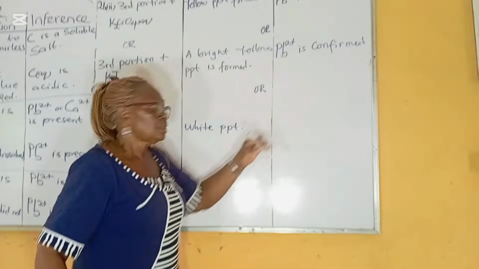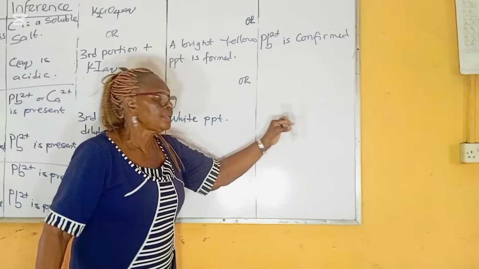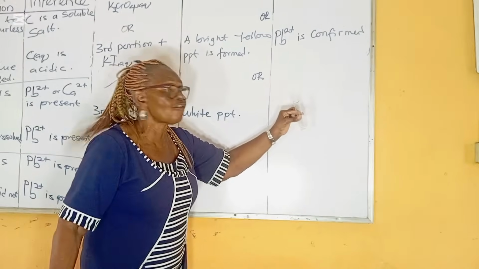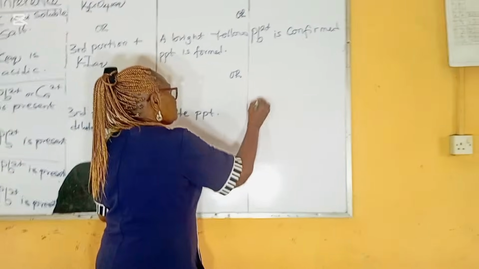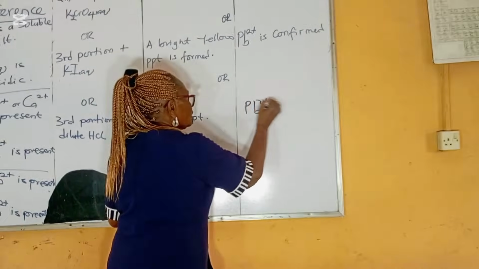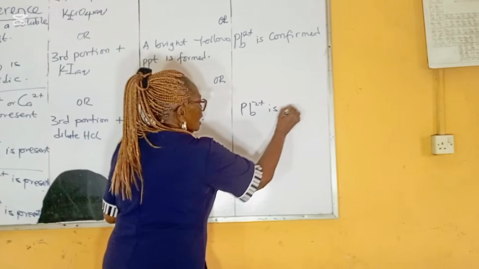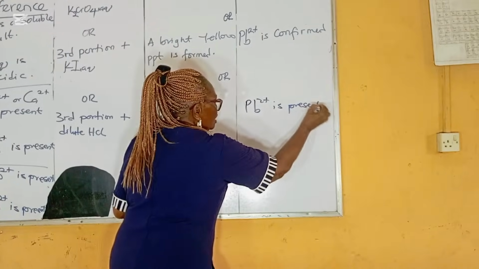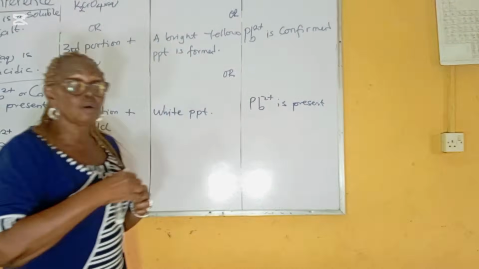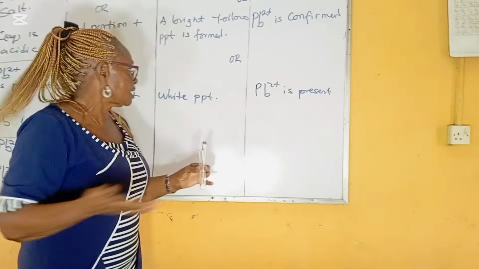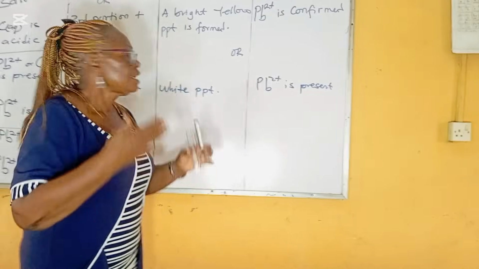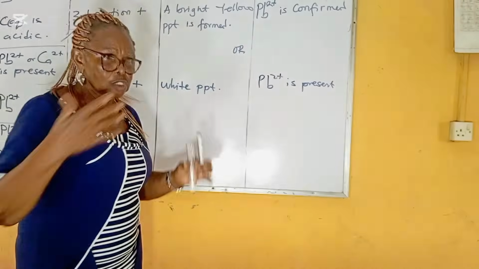Let me rest my point here because I am doing a confirmatory test for lead. If I say Pb2+ is present, I'm not wrong, or I might not write anything. At the end, I will not say lead 2 ion is confirmed.